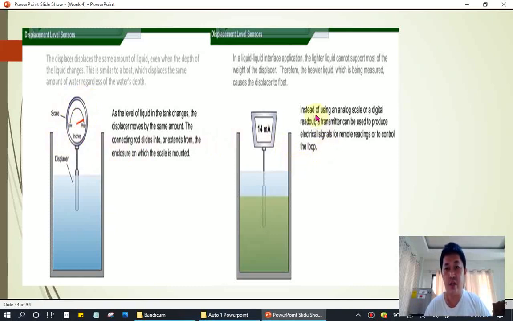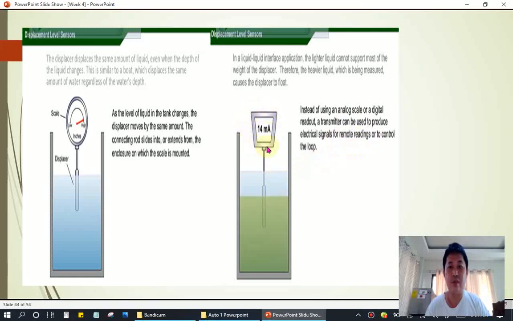Here also, instead of using the analog scale or the digital readout, a transmitter can be used to produce electrical signals for remote readings or to control the loop.